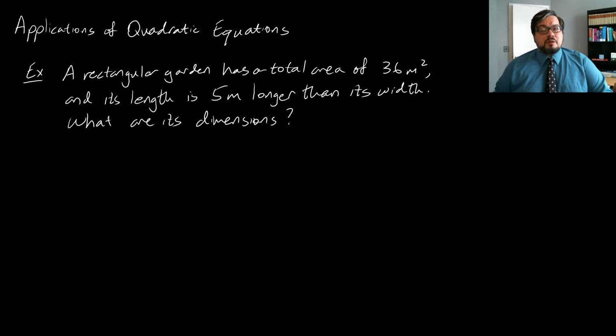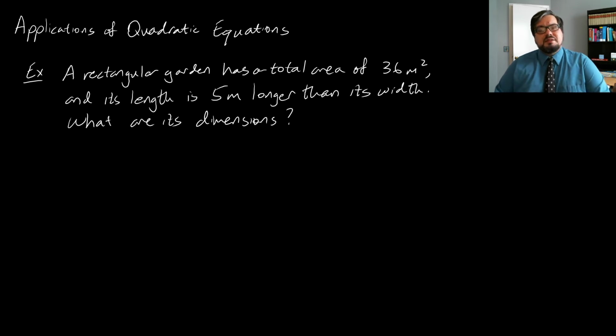We're going to need to start by identifying what the unknown quantity is, or one of the unknown quantities, give that quantity a variable name, express the other quantities in the problem in terms of that variable, and then find some sort of equation that either relates the variable expressions to something that we know, so relates the things that we don't know to something that we do, or we have to find a way of expressing the same quantity in two different ways so that we can set those two expressions equal to each other.